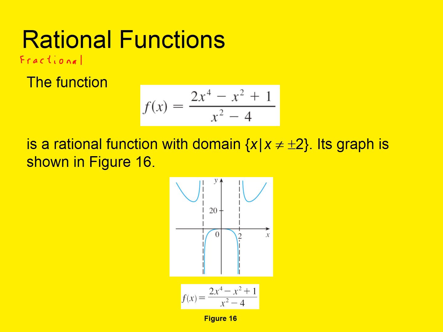Not really the right way to write that domain. It's poor form because it can't be the or, it needs to be the and. But this symbol here incorporates the or. Anyway, we get the idea. Its graph is shown in the figure, and as you can see, a rational function can have a pretty crazy graph.